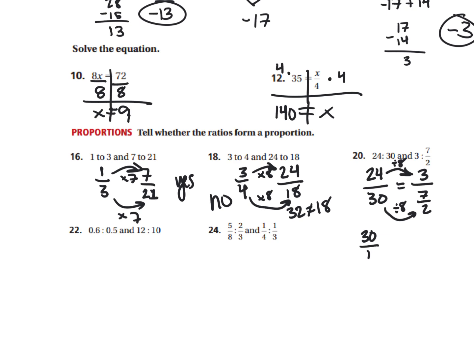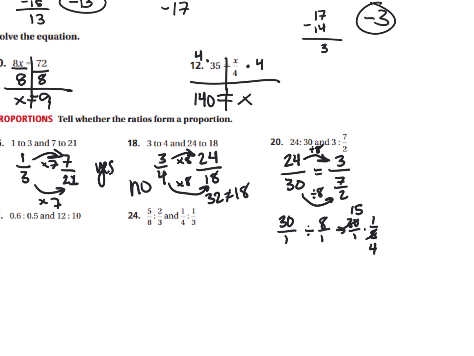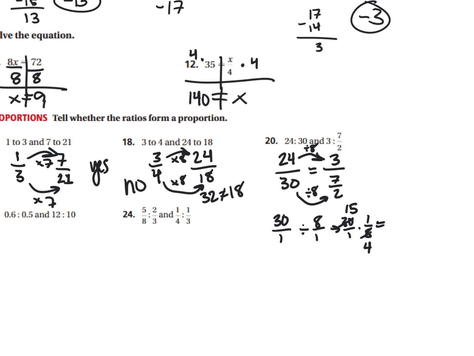I have 30 over 1 divided by 8 over 1, which turns into 30 over 1 times 1 over 8. Right, I can simplify this to 15 and 4, and that's really all I can do there. Notice 15 over 4 is not equal to 7 halves, so this would be also a no.